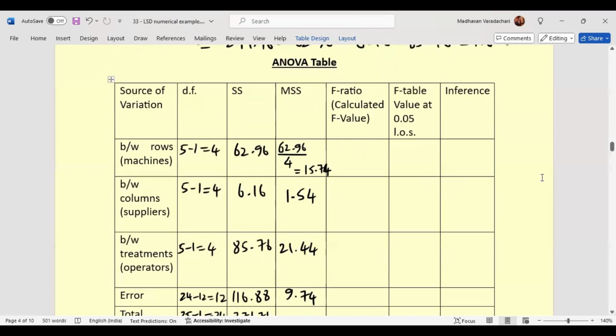Now, the F ratio. For rows, it will be 15.74, the mean sum of squares we got in the corresponding row, divided by the error mean sum of squares, which is 9.74. If we do that, we get 1.616.